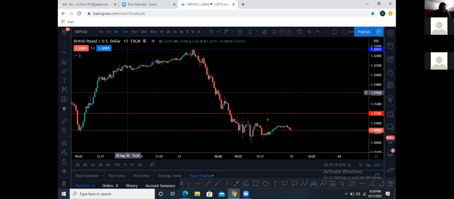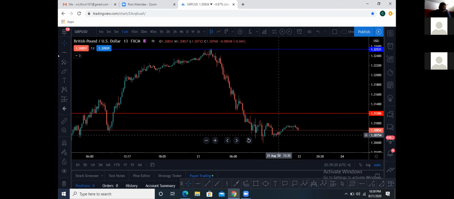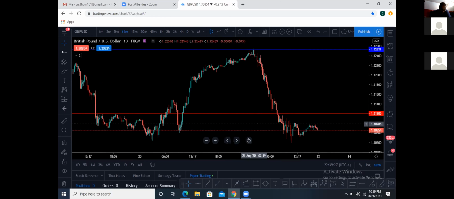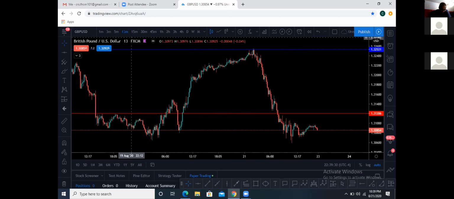Now, what I like to do also is start marking up my thicker lines to make my zones, to identify zones within my 13-minute.